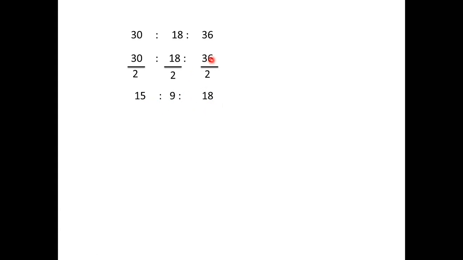You have to bring 30, 18, and 36 into the simplest form. Simplest form means the number which you cannot divide anymore. So you have to check whether there is a relationship between all these three numbers. Yes, you can divide these three numbers by 3.